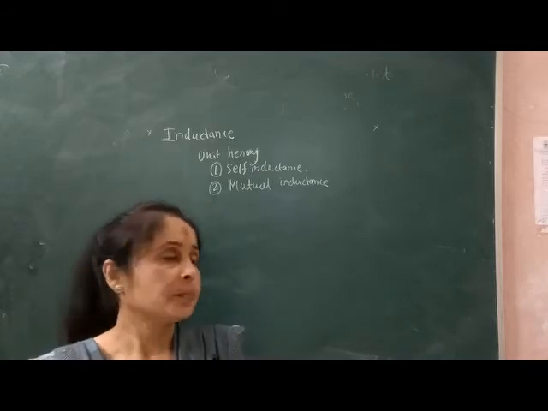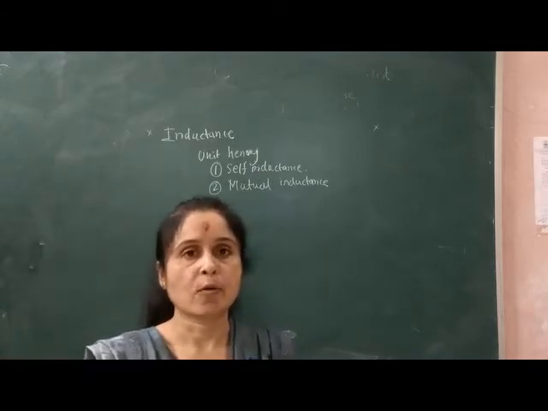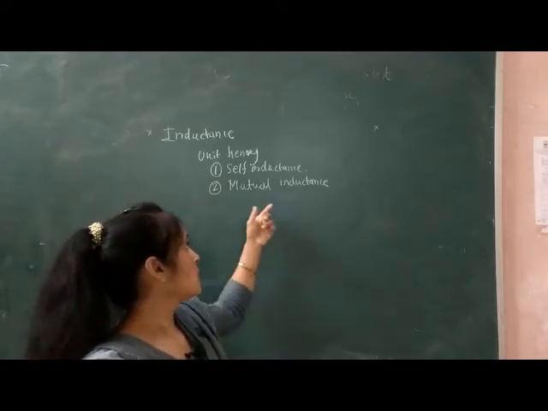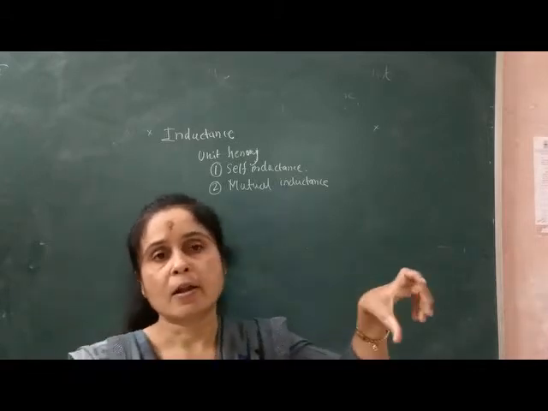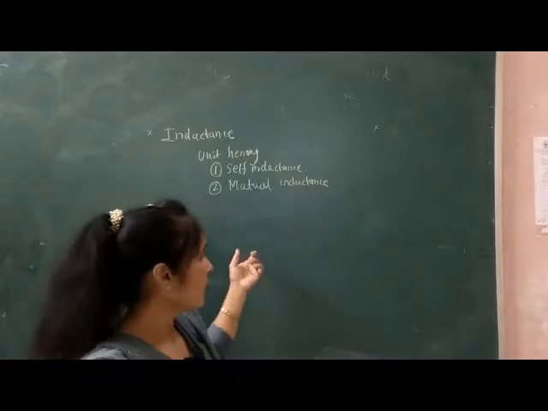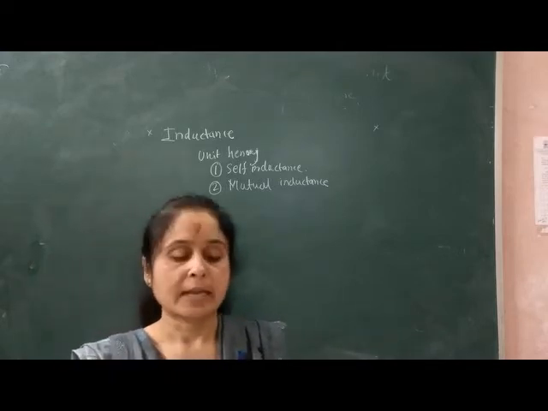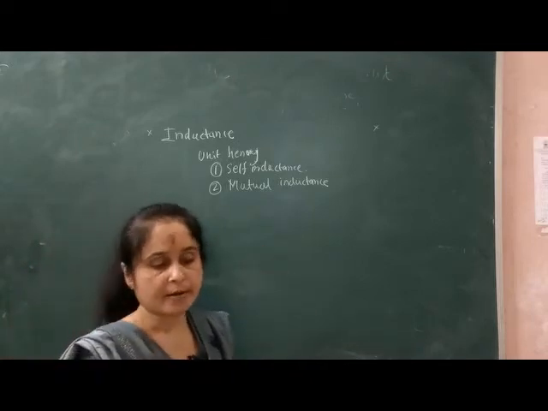That causes current to be generated in the secondary coil. So current is produced according to mutual inductance from primary to secondary. Transformation takes place from primary to secondary. So that is called mutual inductance.